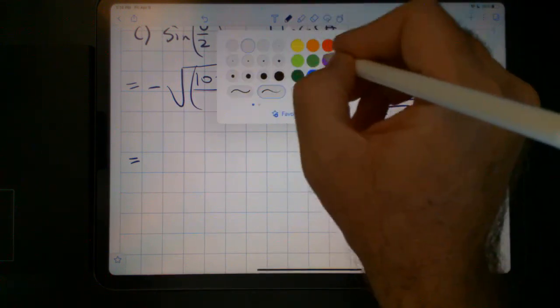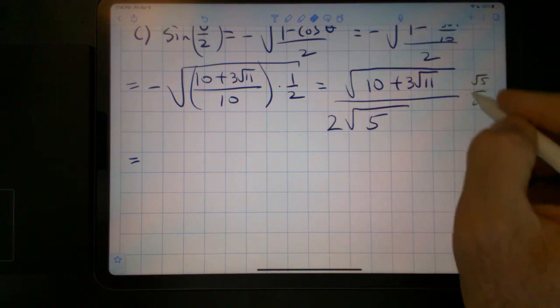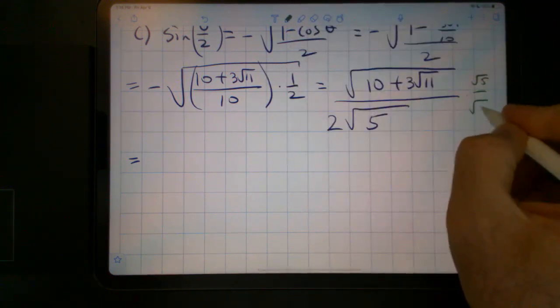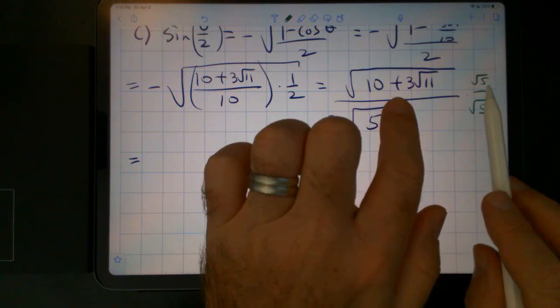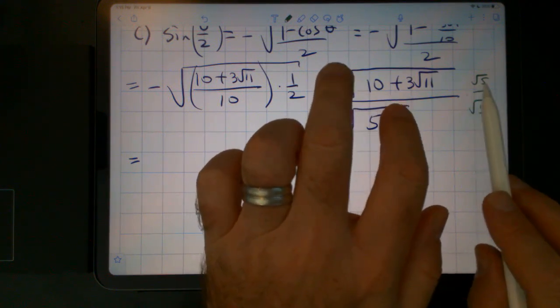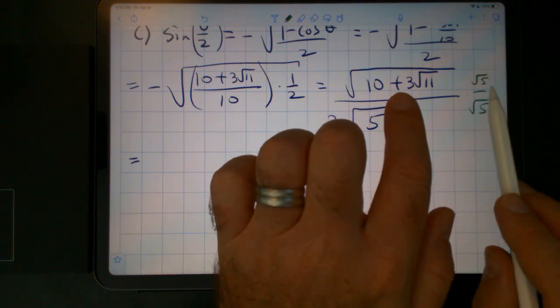Multiplying this by radical 5 over radical 5. When you're multiplying two radicals with the same index, you multiply the radicands.